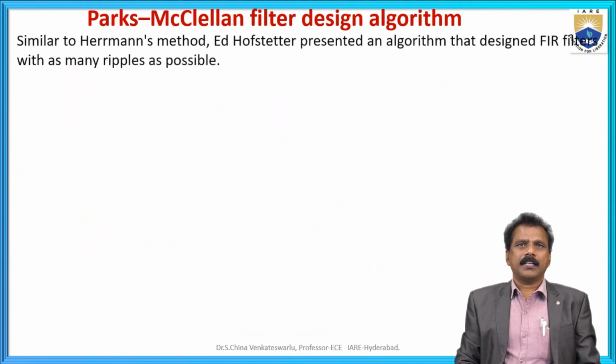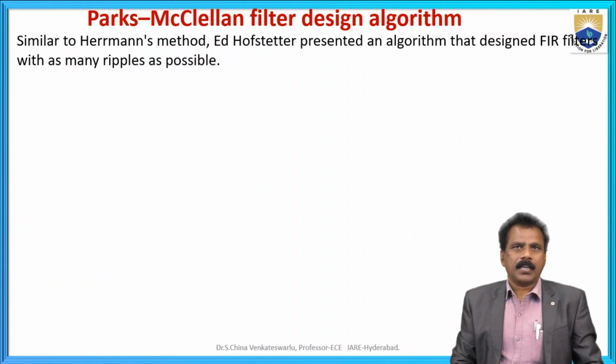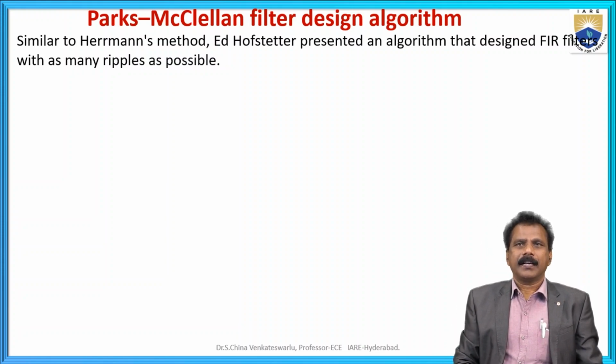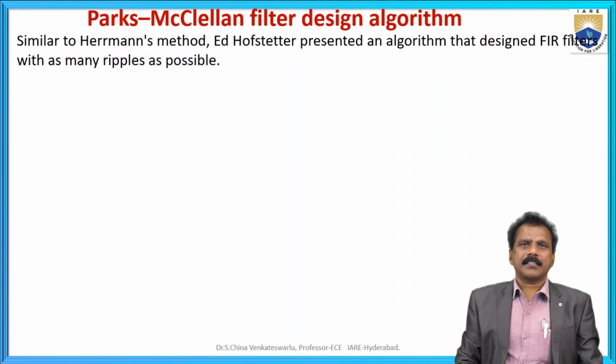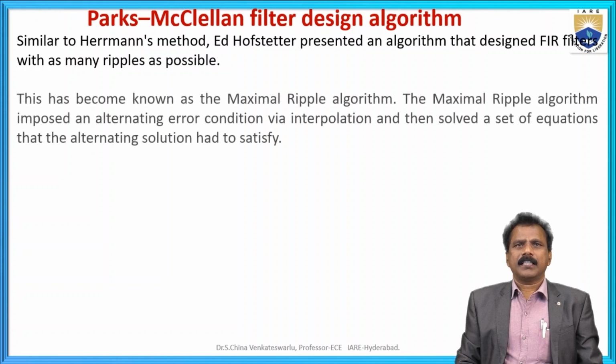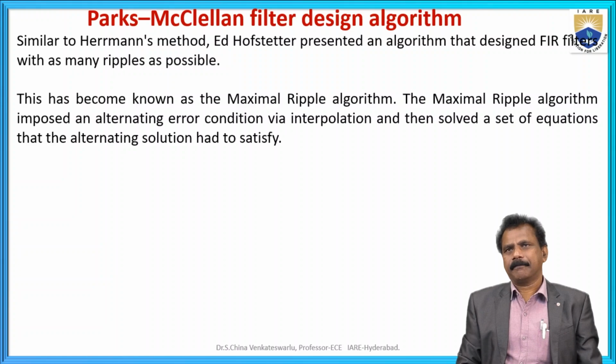Similarly to Herrmann's method, E. D. Hofstetter presented an algorithm that designed finite impulse response filters with as many ripples as possible. This has become known as the maximum ripple algorithm.